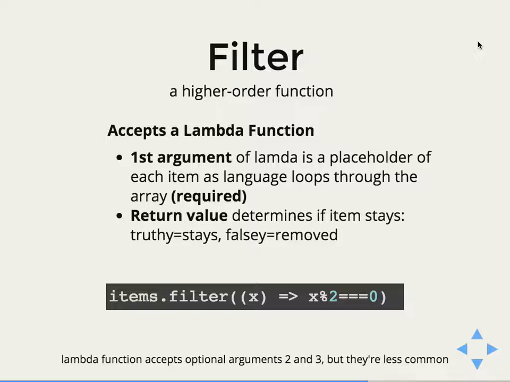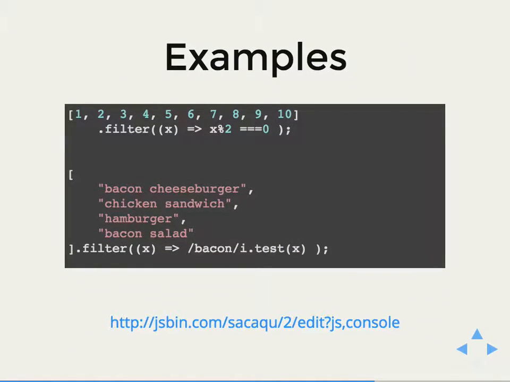And then the return value determines, so this is saying, hey, if it's even, return true. So as long as it's even, it will be included in the new array. So some examples, there's our even one right there, 1 through 10, and we'll end up with a new array with all the evens that were in it.